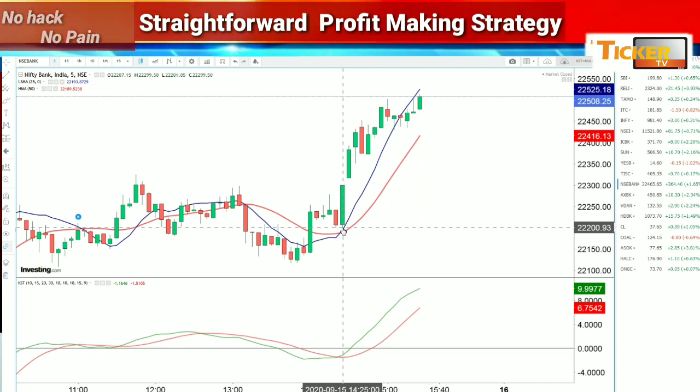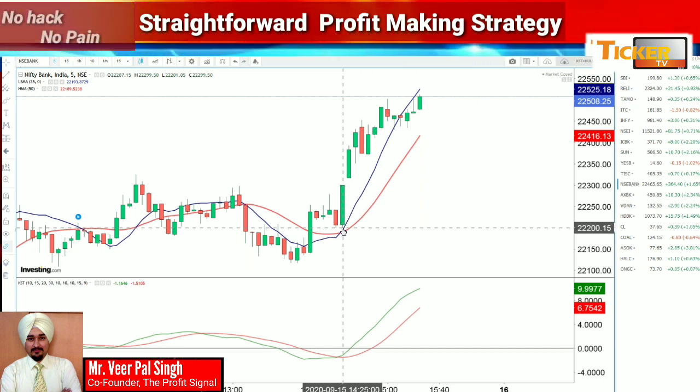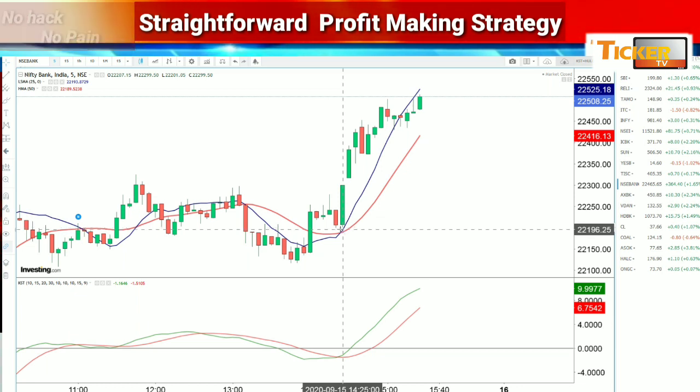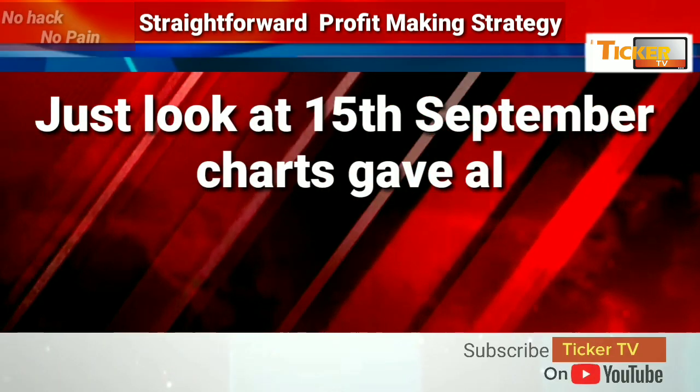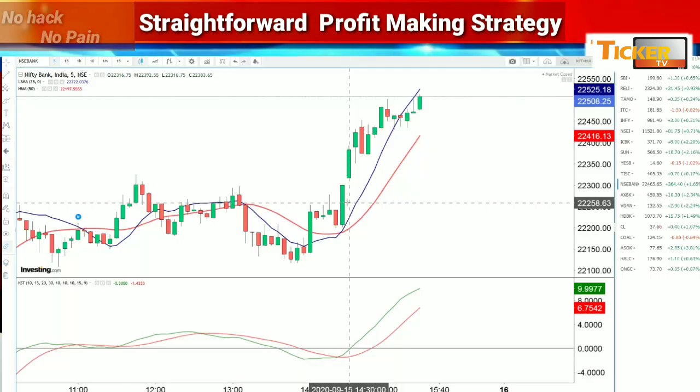A crossover happened around 2:25, and at the same time the Hull moving average and the least square moving average crossover came, the KST, the Know Sure Thing indicator, KST being the short form, also had a crossover.